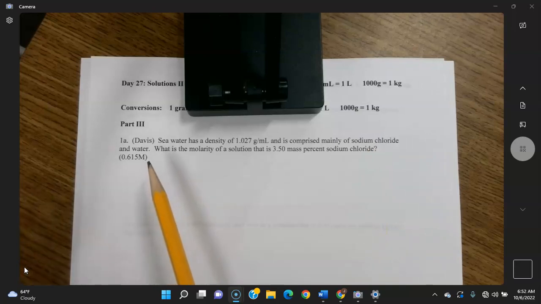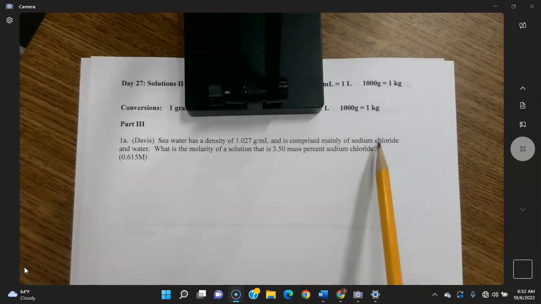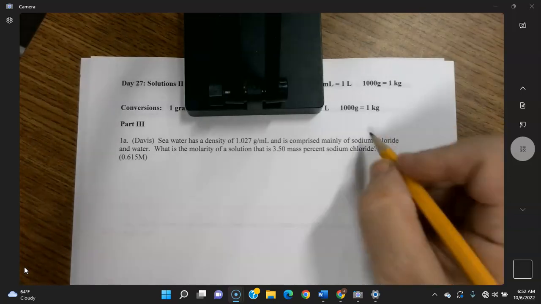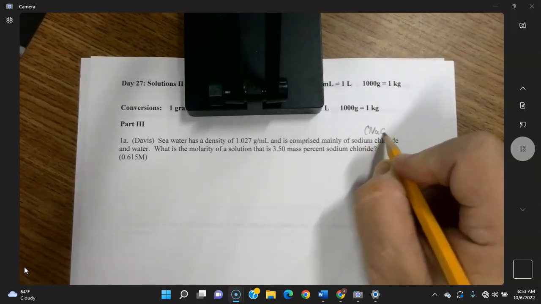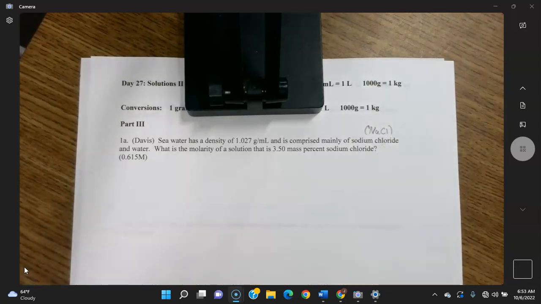So you're going to assume that that's the only solute is the sodium chloride, NaCl. Okay, we'll write that down. What is the molarity of a solution that is 3.5 mass percent sodium chloride?